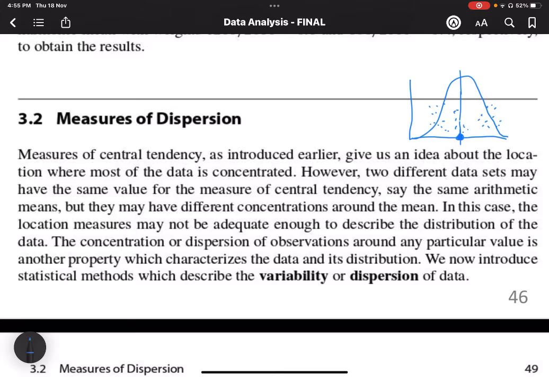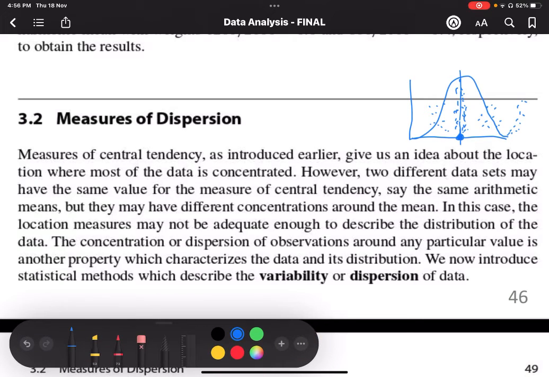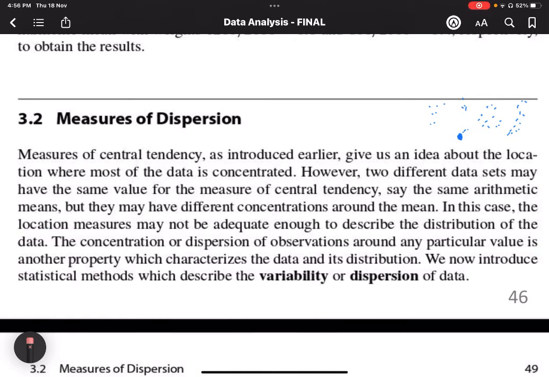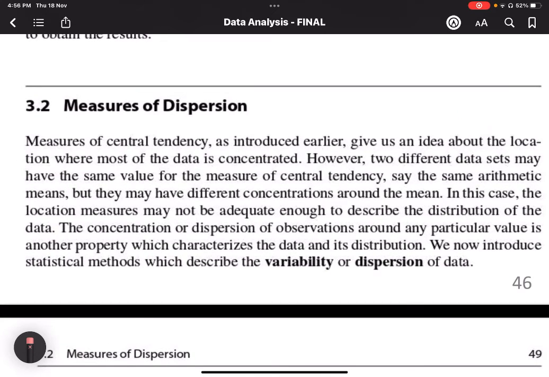Or nasa gitna siya, or malayo, sobrang layo, gano'n. Yun yung ibig sabihin ng measures of dispersion, no? Kung paano nakalocate yung iyong mga data sa graph in relation to the center ng iyong data.